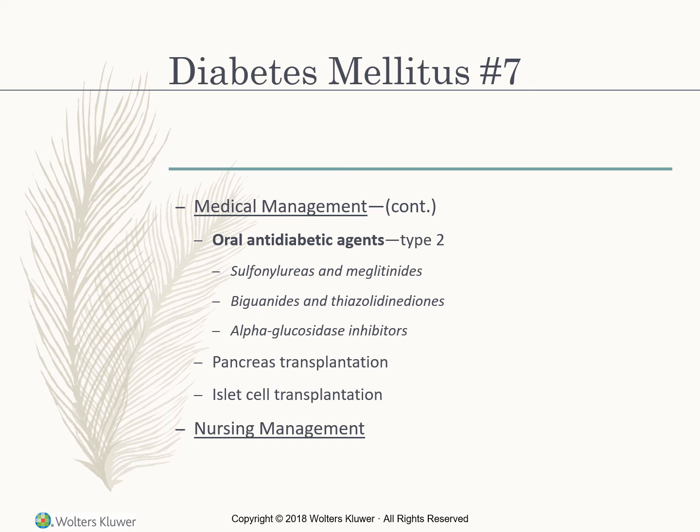The fragile islet cells must be transplanted soon after removal. After the pancreas is harvested, the islet cells are separated from the tissue and injected through the abdominal wall into the client's portal vein, where they migrate to the liver and begin to release insulin. The bone marrow also is being used as an alternate transplant site.